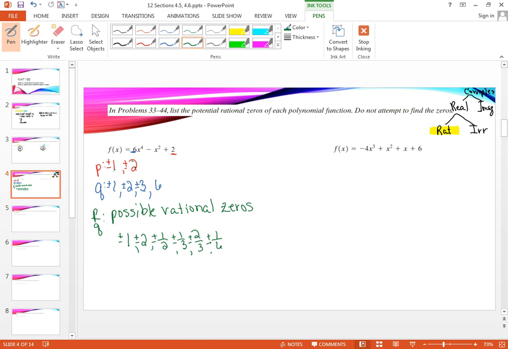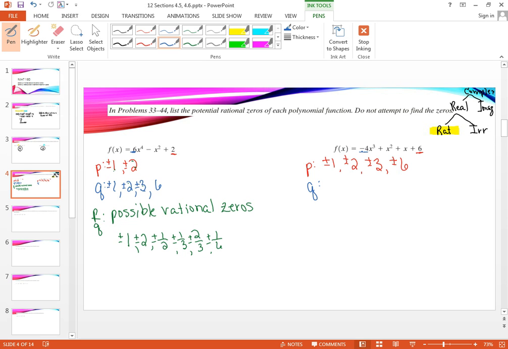Okay? All right, let's do another one just to make sure you've got this pattern down. If you want to know the possible rational zeros, again, the factors of the P happen to be 6 again here. So ±1, ±2, ±3, ±6. Then the Q is the factor of the leading coefficient.